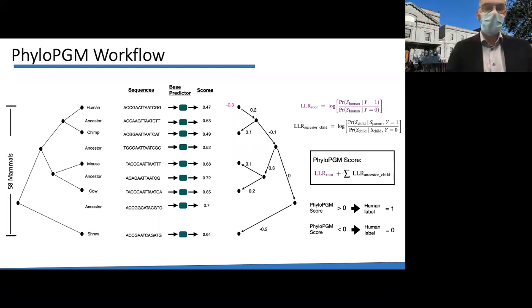You're just going to apply it to every sequence in your alignment, combine the results intelligently, and I'm not going to go into details of this, and get a pretty significant boost in your ability to accurately identify which of those human sequences have the property that you're interested in.